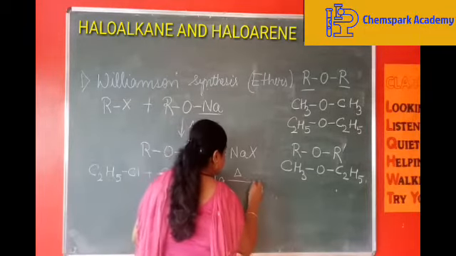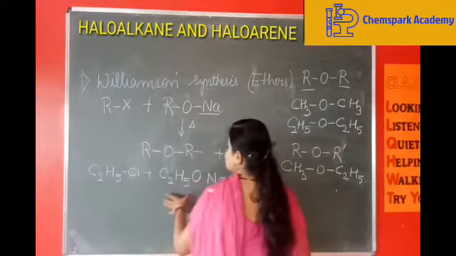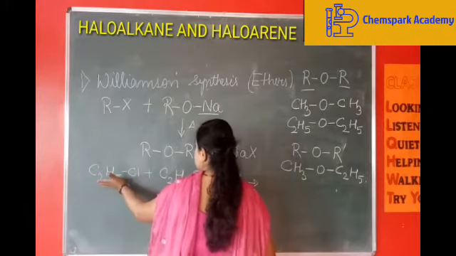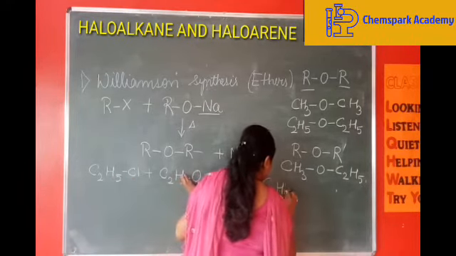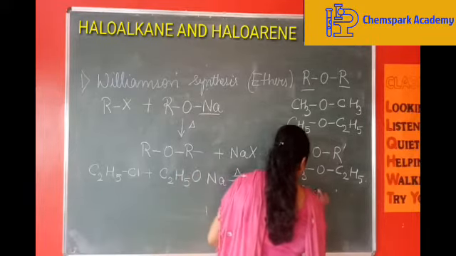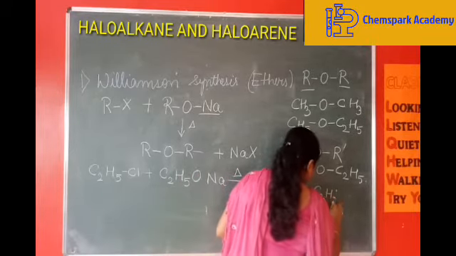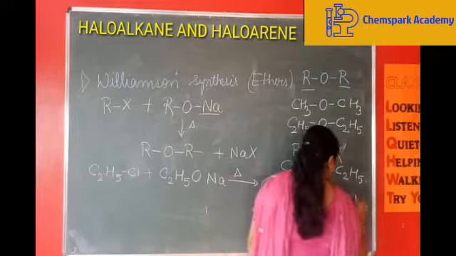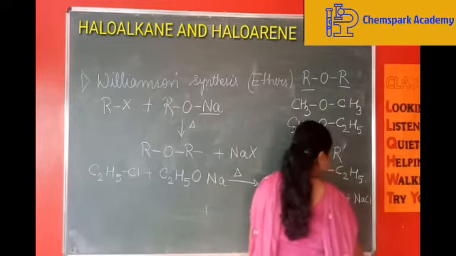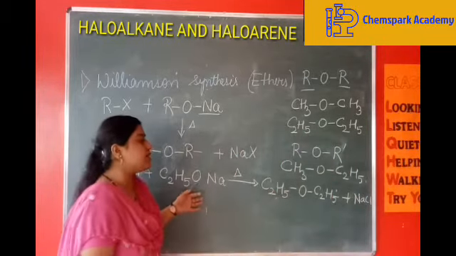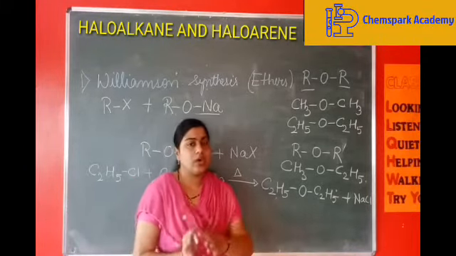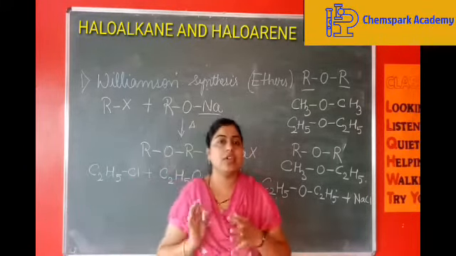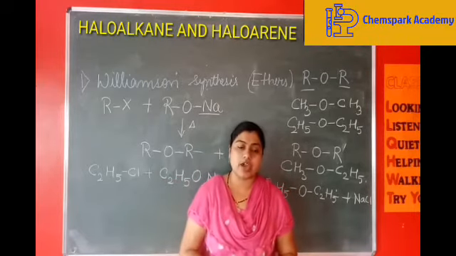We heat it and we will obtain a symmetrical ether, that is, both of these R's are the same. So we will have C2H5OC2H5 plus NaCl. We can prepare symmetrical as well as asymmetrical ethers with this particular type of reaction.